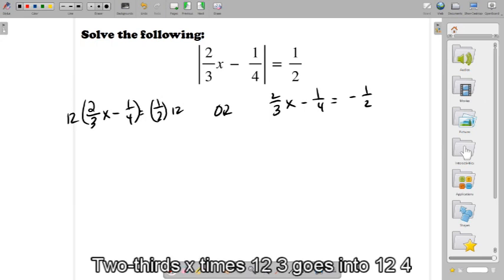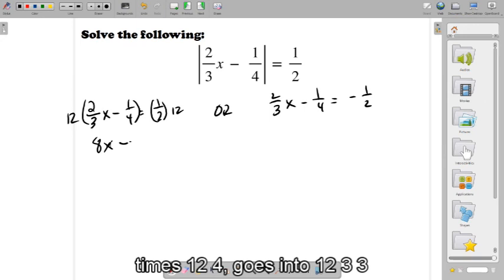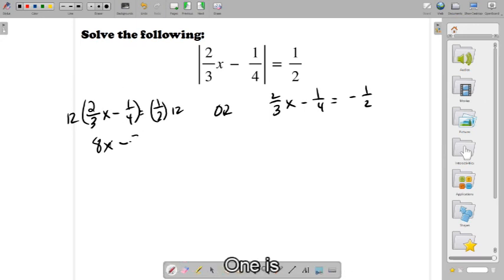2/3 x times 12, 3 goes into 12, 4. 4 times 2 is 8x. Minus 1/4 times 12, 4 goes into 12, 3. 3 times 1 is 3. On this side, 2 goes into 12 6 times.